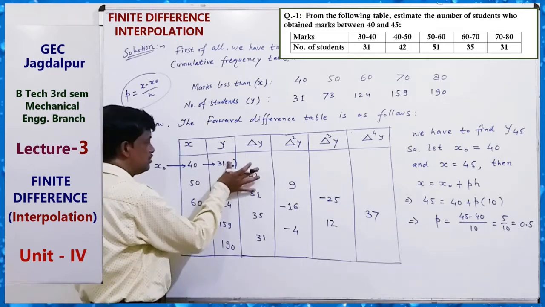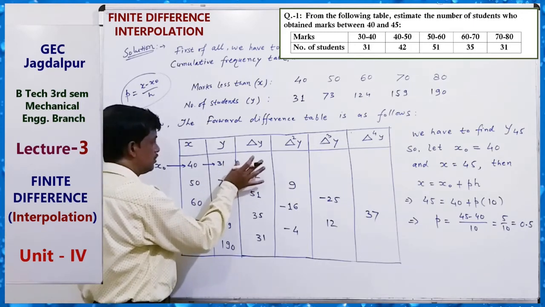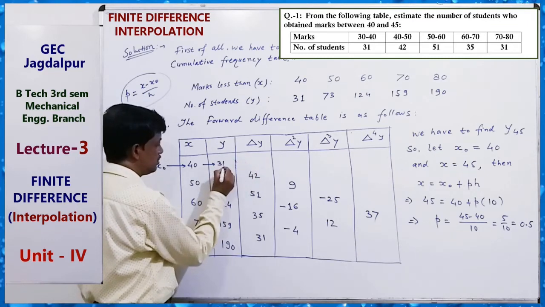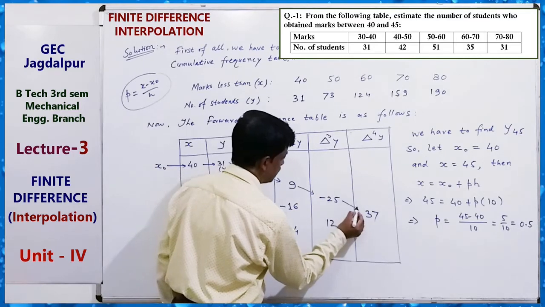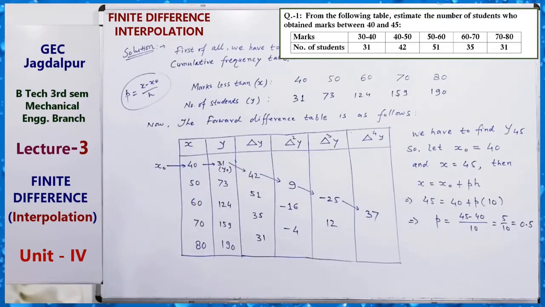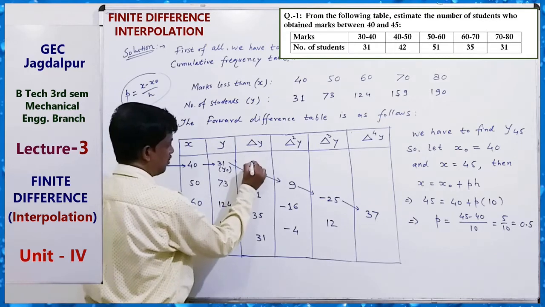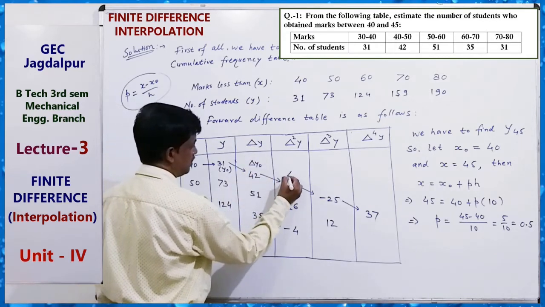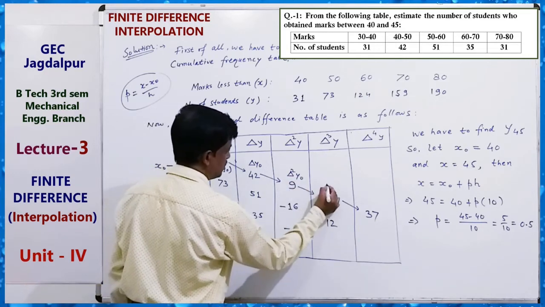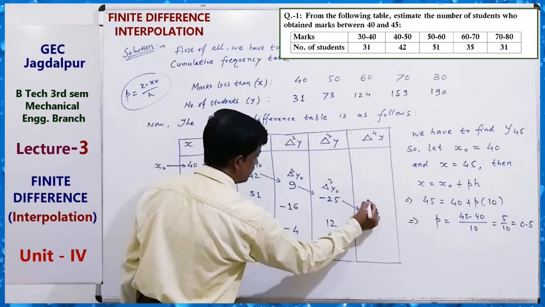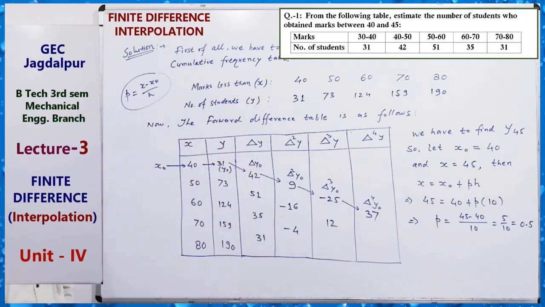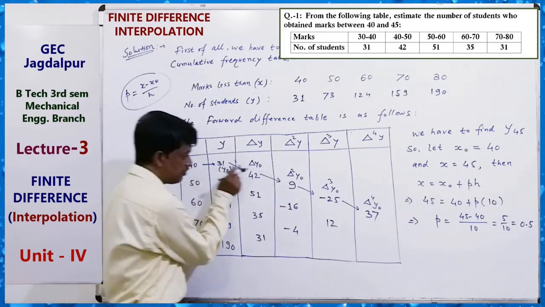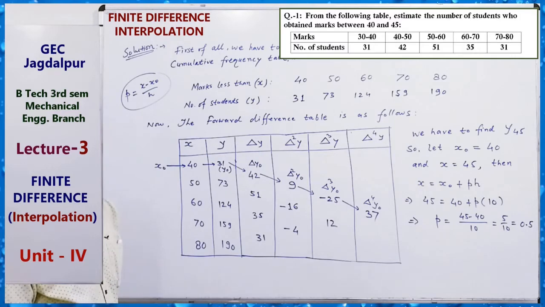Clear? So we can write y0 and all the differences. These differences are used. This is forward del y0, this is forward del square y0, this is forward del cube y0, this is forward del 4 y0. These are the differences. This is origin, so these differences will be used in the formula. Clear?